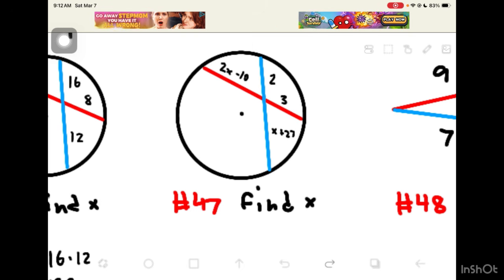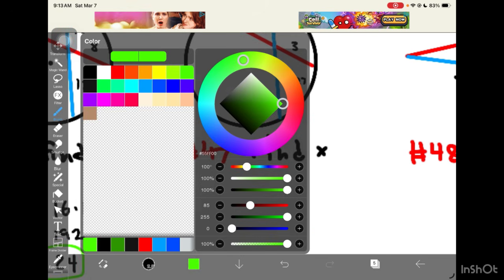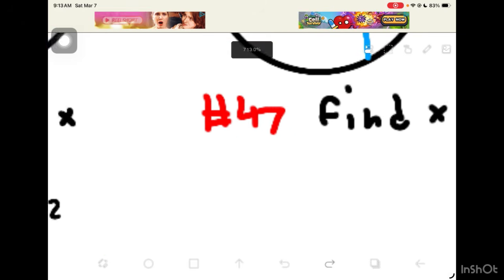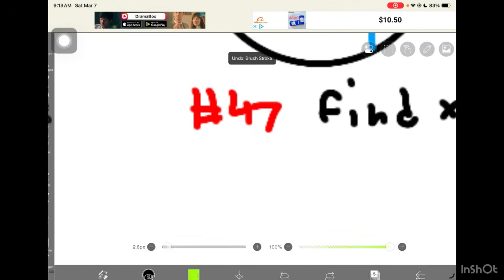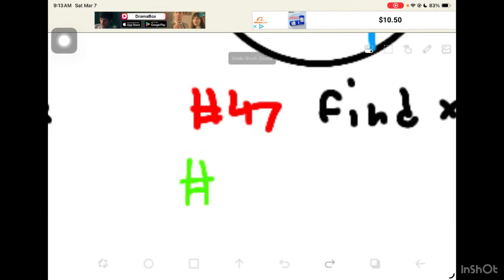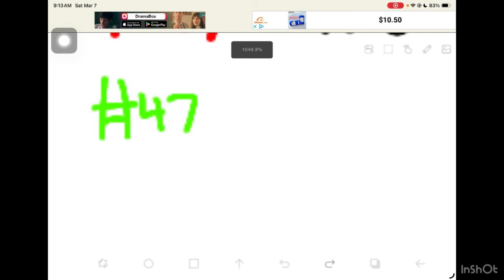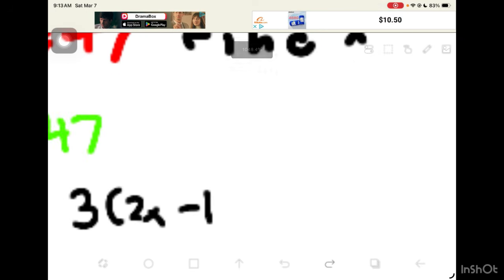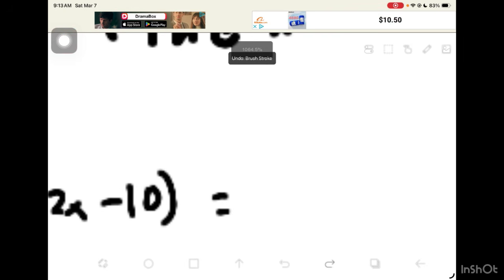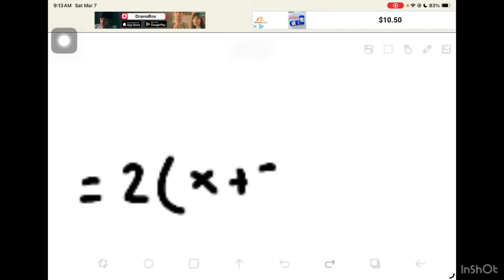Now number 47, this one involves a variable, but the same logic. Number 47 is equal to 3 times 2x minus 10 is equal to 2 times x plus 27.